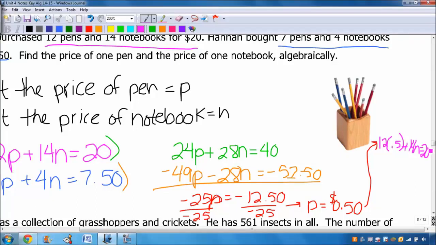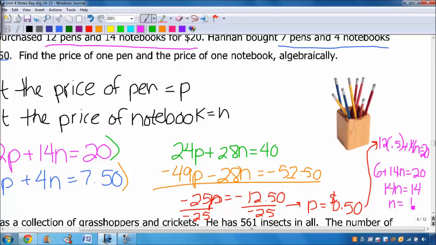So then 12 times 0.5 is 6, so I get 6 plus 14n equals 20. So that means that 14n equals 14, because I can subtract 6 from both sides, which means that n equals 1.